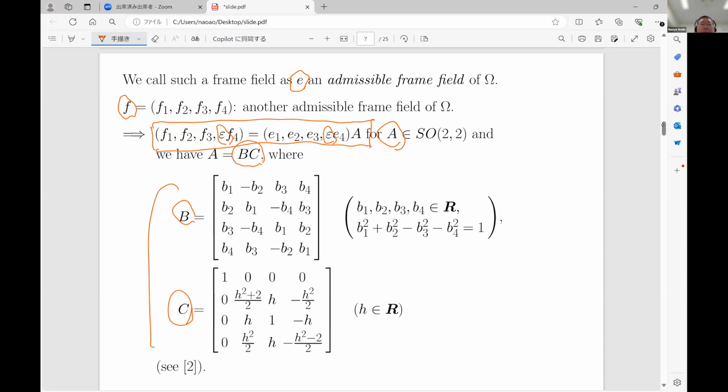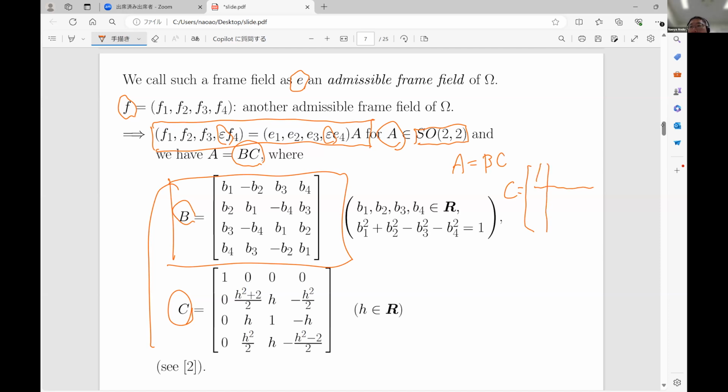A is represented by the product of B and C. In general, an element of SO22 is represented by the product of B and C. B is given in the form, and C in general is in the form of C prime.